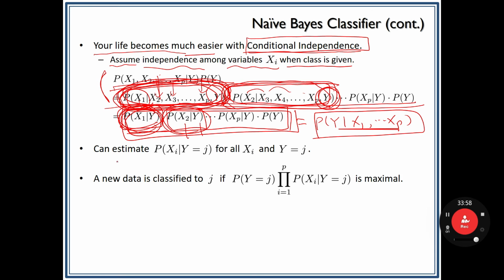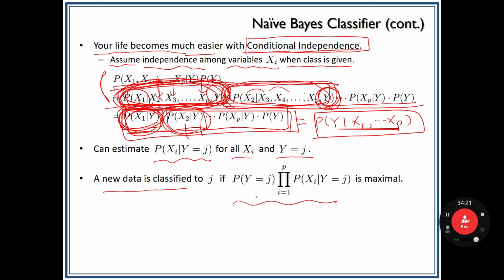So we now can estimate this conditional probability for all xi and a specific value of y. If we have to classify a new data point, then we compute this probability.